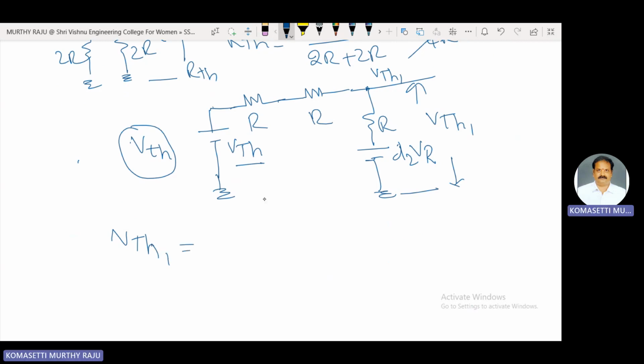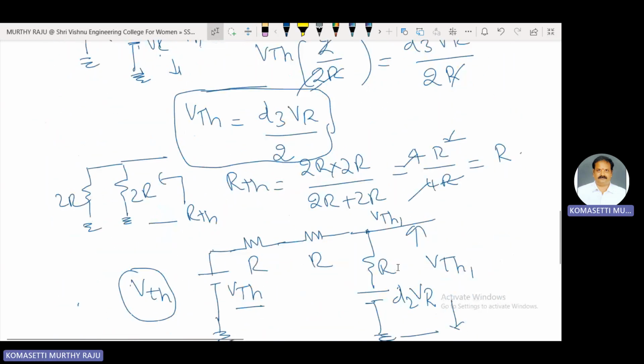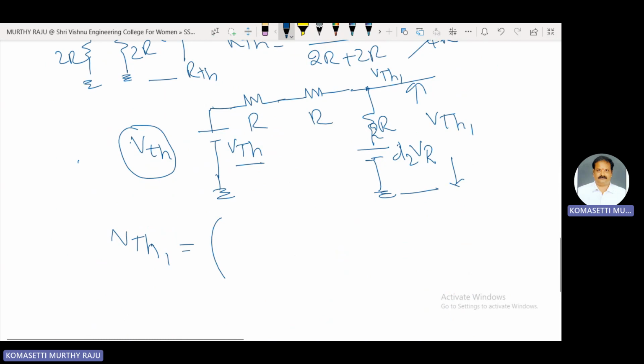What are the admittances which are connected to this point? This one is 2R. This one is 2R. The resistors connected are 2R, R plus R, 2R.